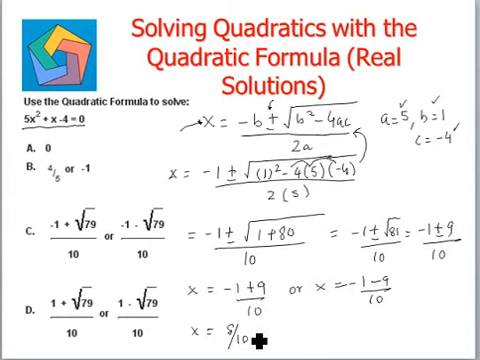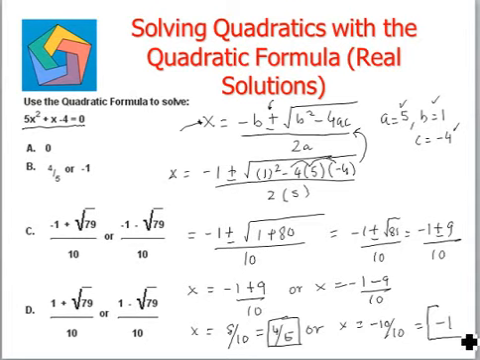This can be simplified to 4/5, or x equals negative 1 minus 9, which is negative 10, divided by 10, which is nothing but negative 1. So our solution is x equals 4/5 or x equals negative 1. This can be seen in option B, which is the correct answer.